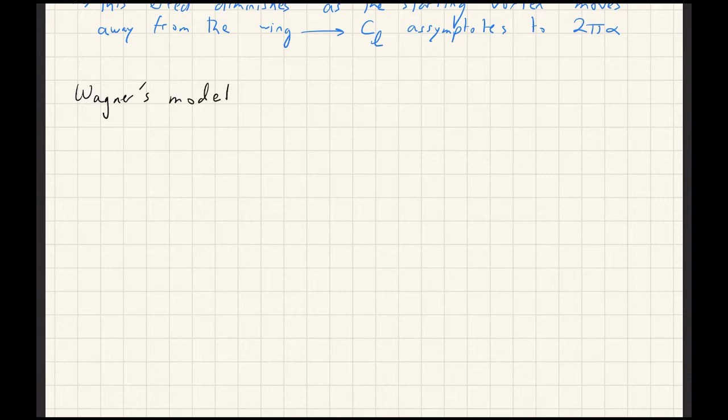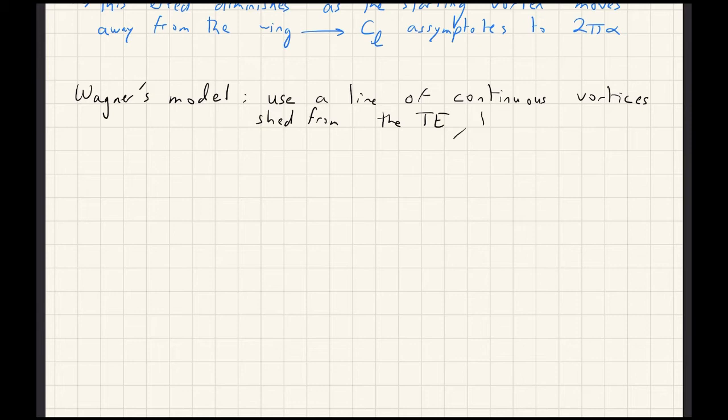So how does Wagner's model accomplish its modeling task? And we're not going to go through the derivation of this like we did with Theodorsen, but very similarly, he uses a line of continuous vortices shed from the trailing edge and terminating with the starting vortex.